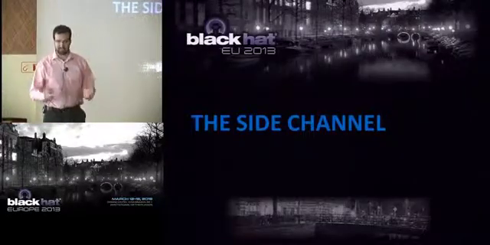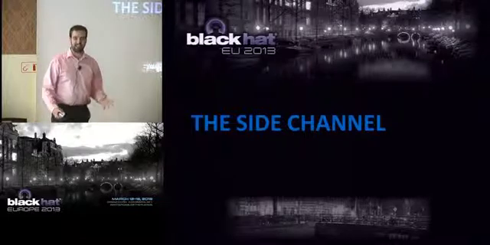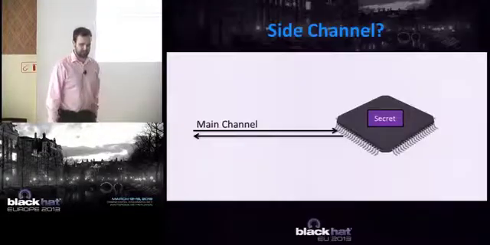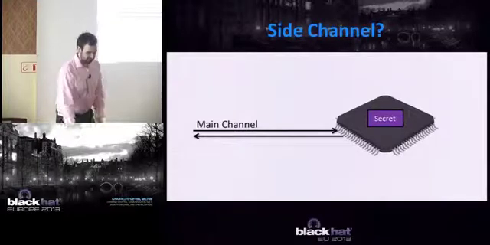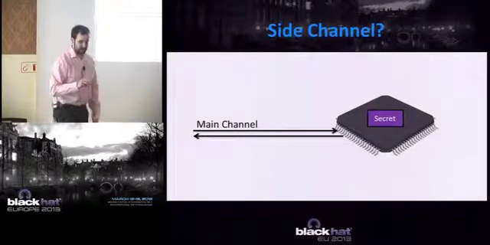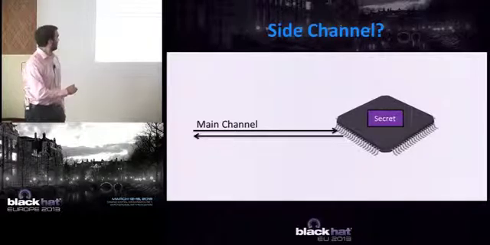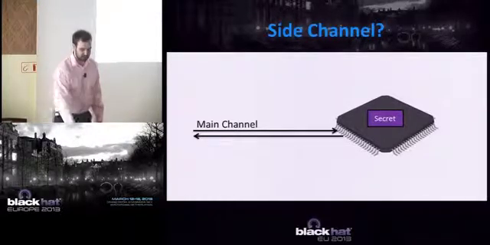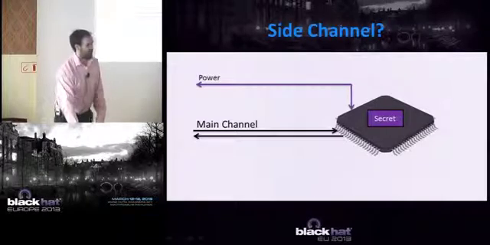All right, so with that disclaimer about what you might get out of this presentation, let's talk about the side channel, the power channel in particular. So we have a chip, and we have a main channel that you talk to it with, if it's a smart card, your communication channel, or any other comm channel. But there's something else here.